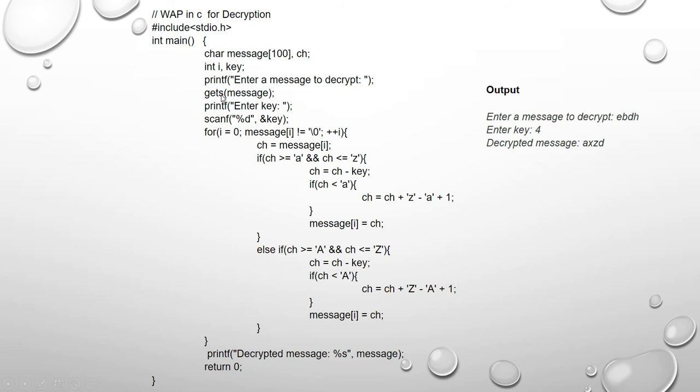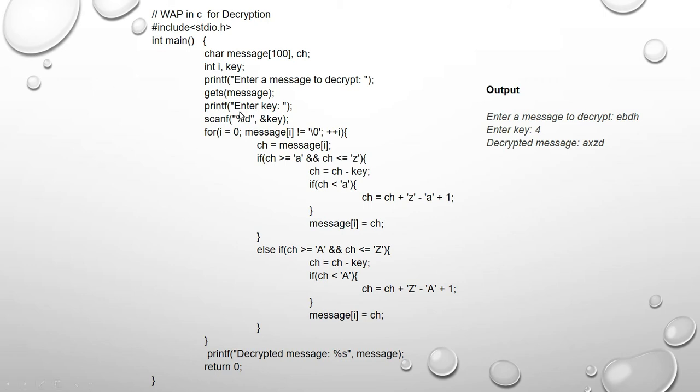Be remember, if you are using the gets function, you are accepting the blanks also. That means suppose I am entering one string, Ram is a good boy, so Ram space is space a space good space boy, so the spaces can be accepted with your gets function. But if you are specifying %s, it will not accept the space. So for that purpose we are using the gets function.